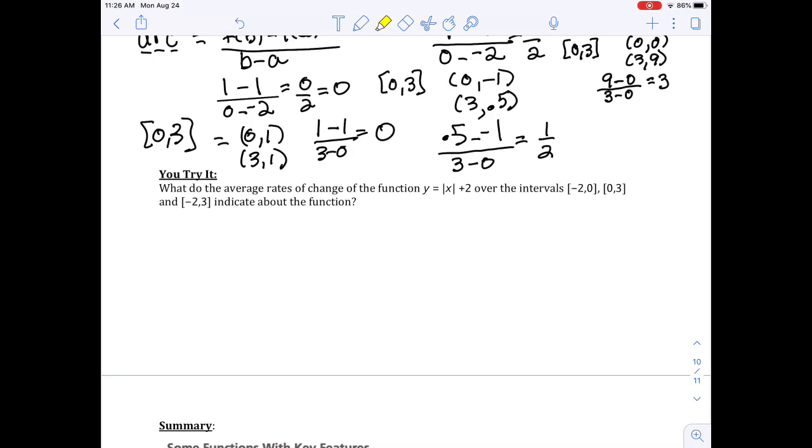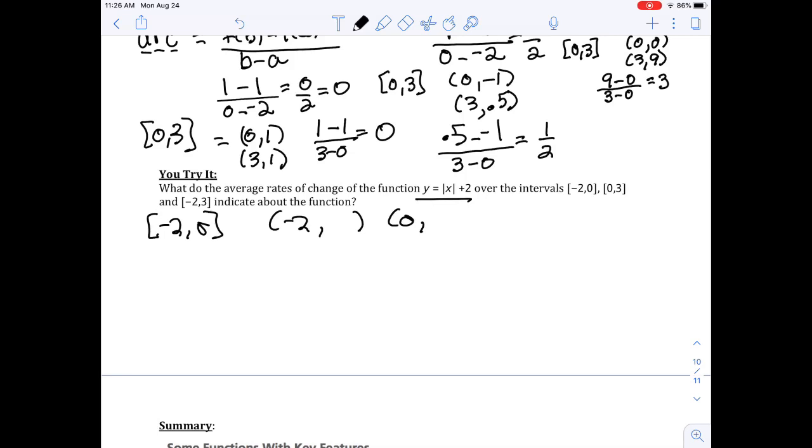Okay. You try it. What do the average rates of change of the function over the intervals indicate about the function? All right, so let's go ahead and find. And we don't need to graph it. We can find it just by plugging the values into the function. So here's our function. We'll start with the interval -2, 0.